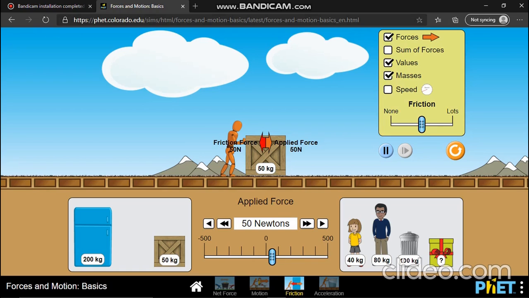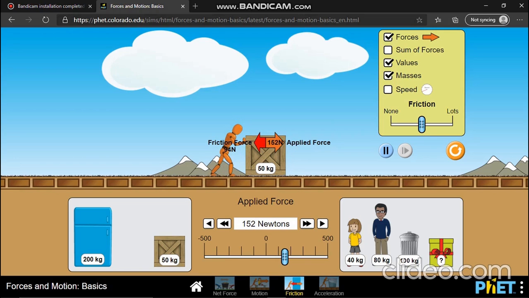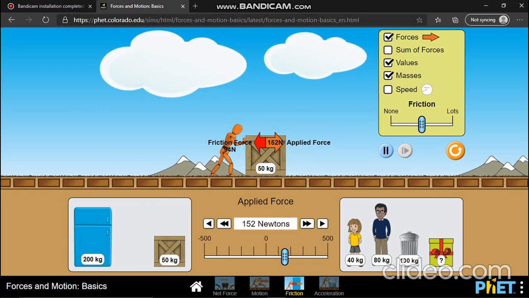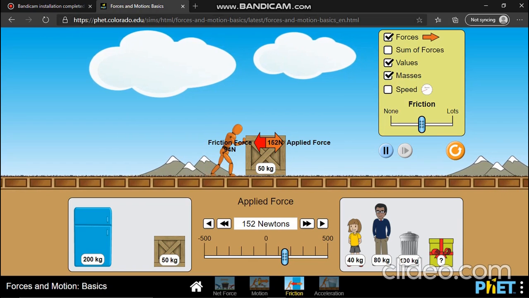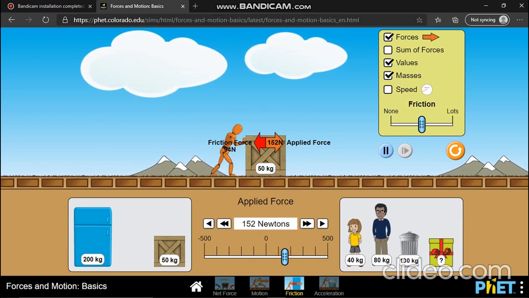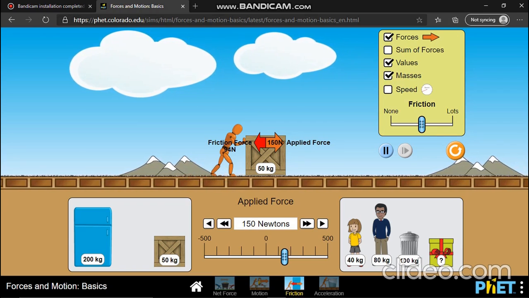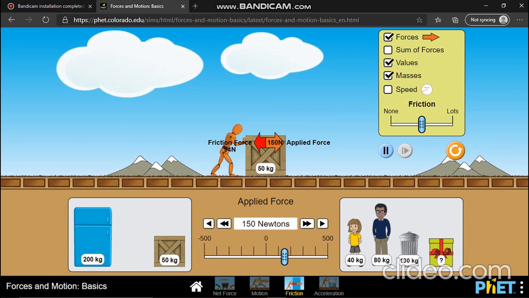It doesn't move the box because the force is not enough to push the 50 kg box. To move it we need to put more force, and as we can see the box starts moving at 150 Newton.